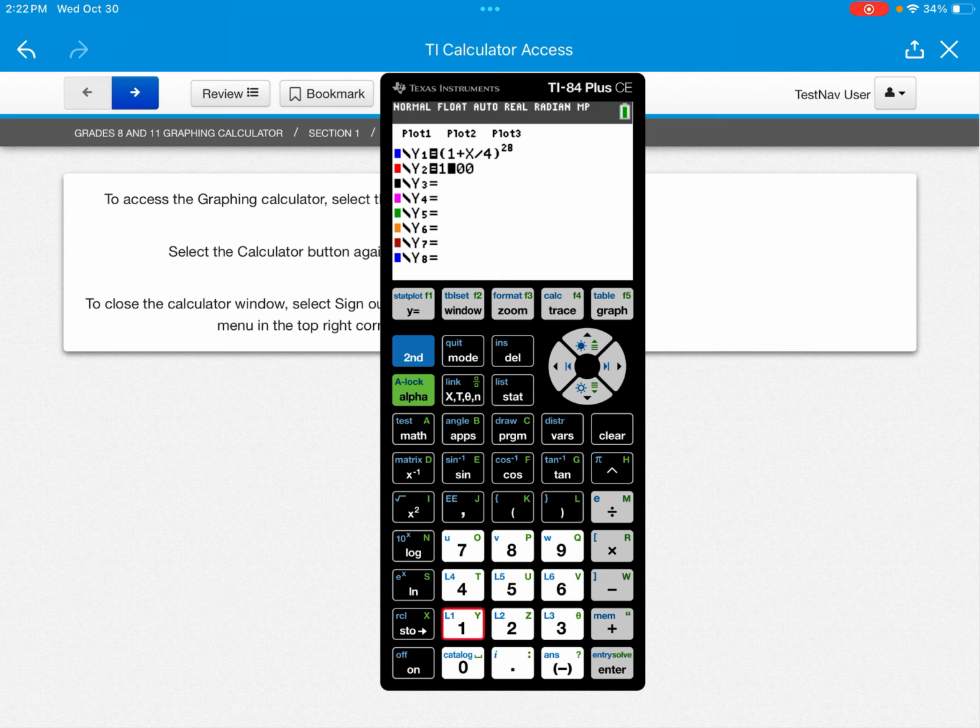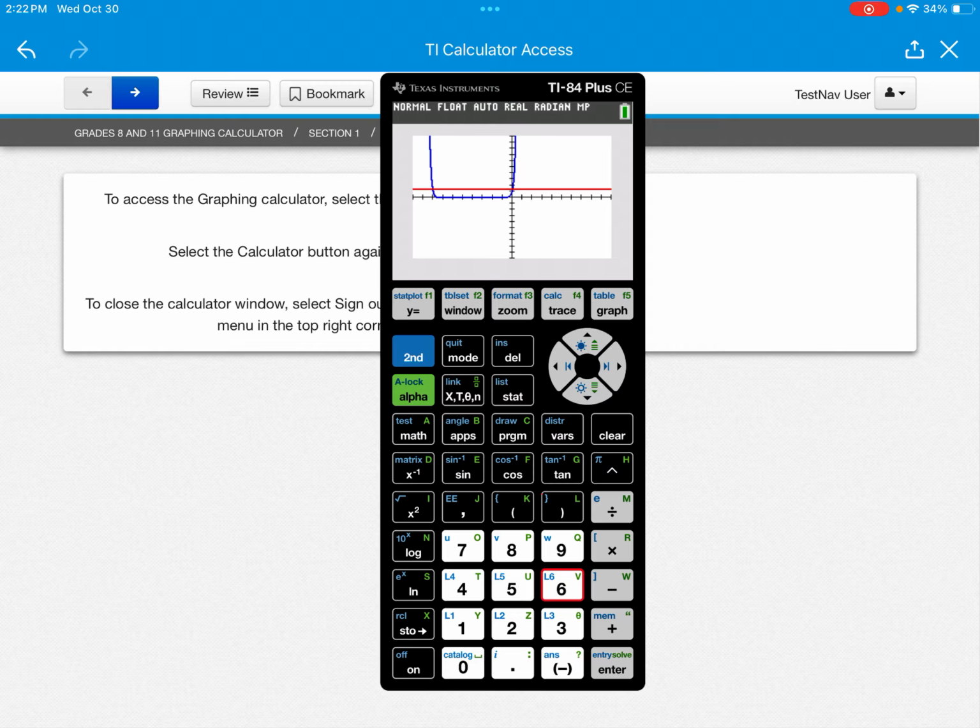And in the other, 1.375. Now, when I graphed the previous problem, I had a really high window. I don't need a really high window anymore. I'm going to go back to a standard window, zoom standard.